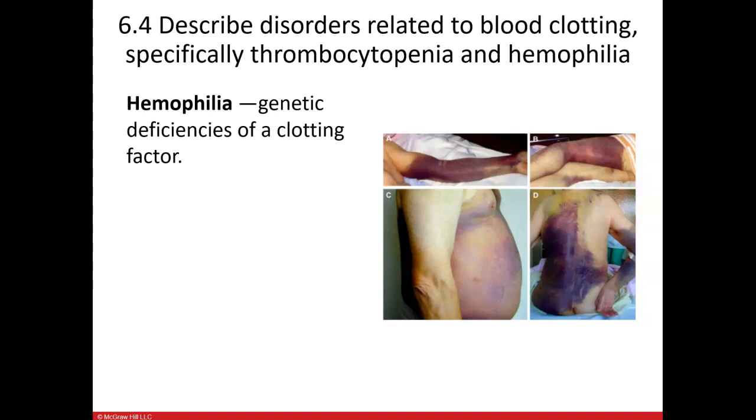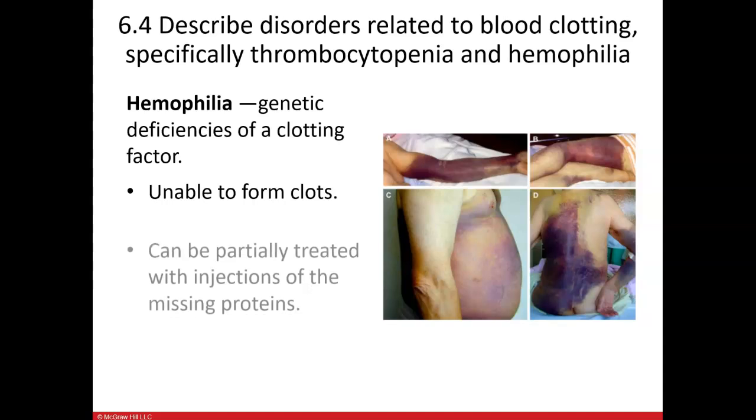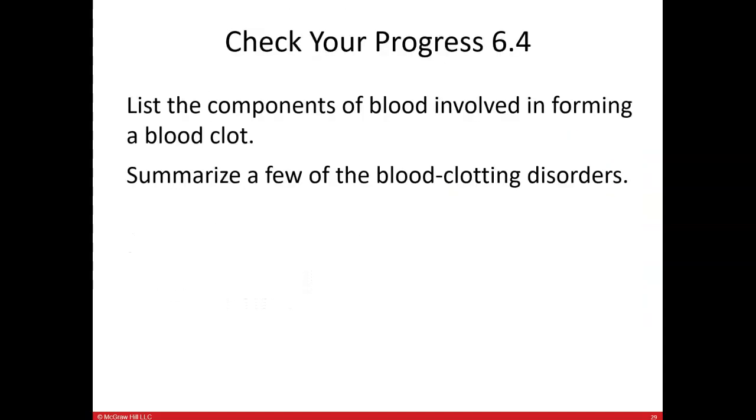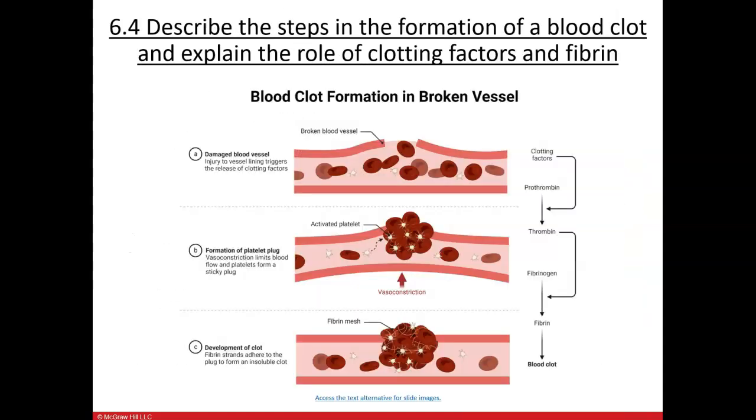Another really serious and life-threatening disorder related to blood clotting is hemophilia. This is a genetic clotting problem, and people are unable to form those blood clots. If I go back to the picture, here we have the blood clotting process. People with hemophilia don't have the ability to make certain clotting factors.